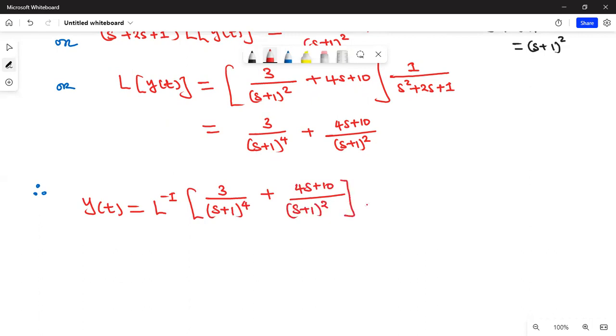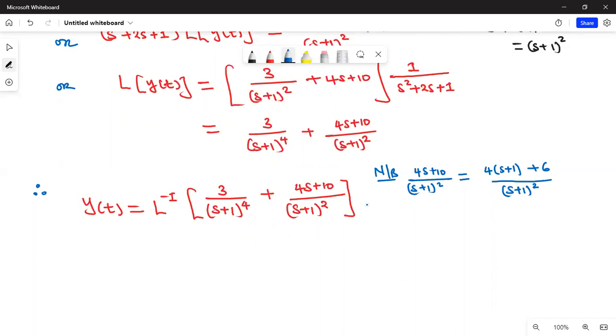And how else can you write this? Remember, let's take note that 4s plus 10 over s plus 1 squared is the same as writing 4 into s plus 1, plus 6, over s plus 1 squared. You can write as that one. I've not changed anything.